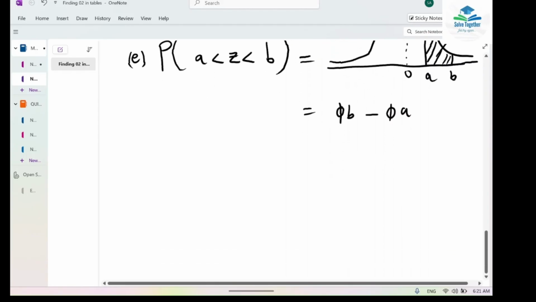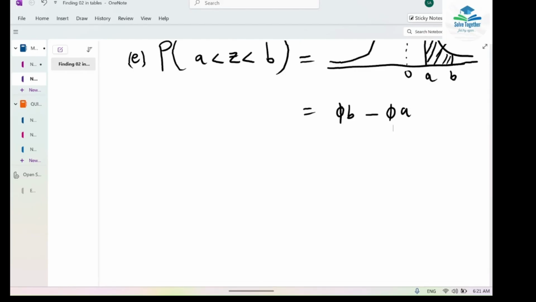For example, let's find the probability of 1.18 being less than Z and Z being less than 1.5.